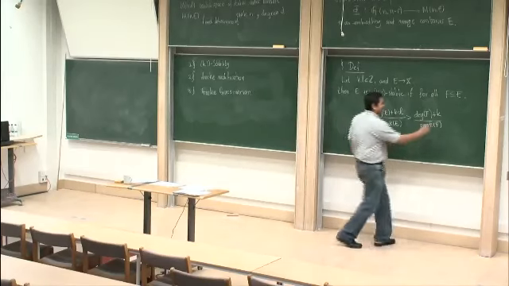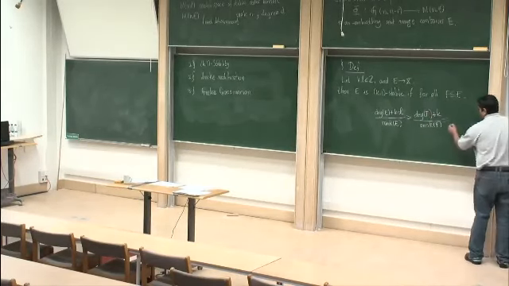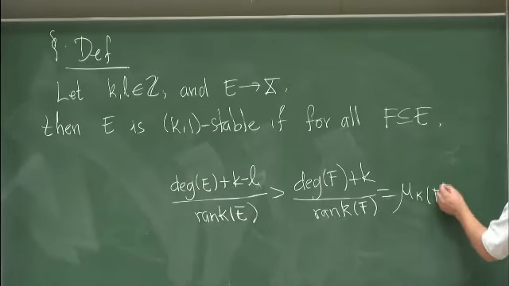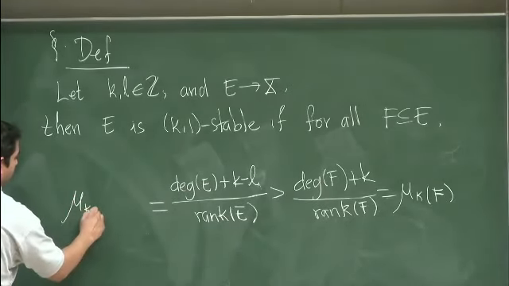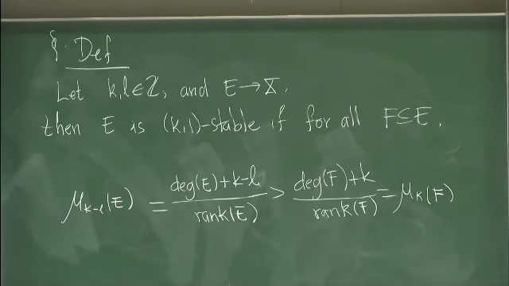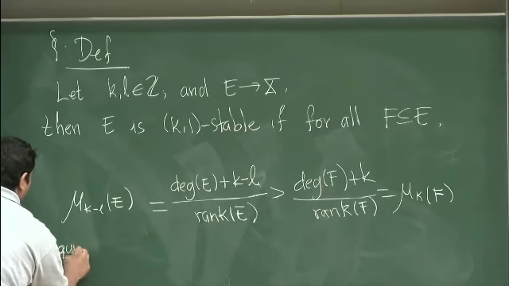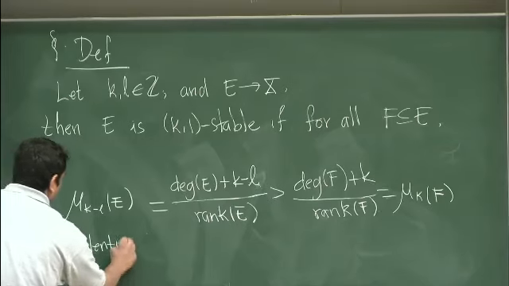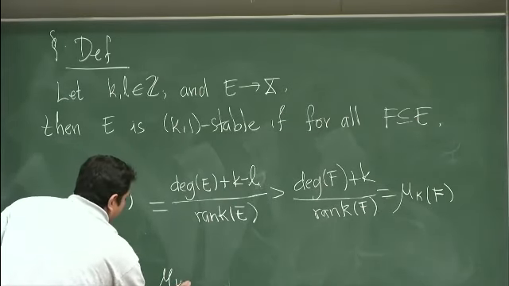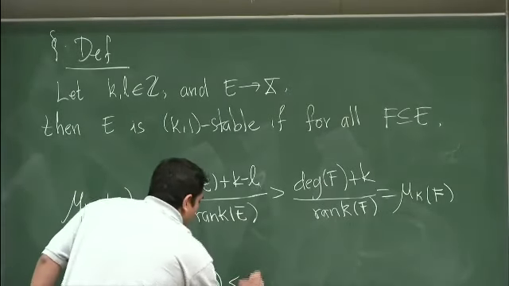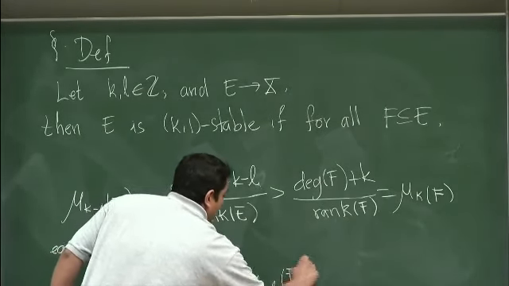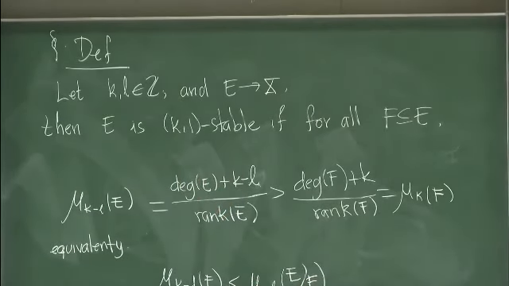I'm sorry for that. Then in this quotient, I'm going to denote by μ_k(F) the number, when k is a number, that in this case is (deg F + k)/rank F. And this inequality is equivalent to having that μ_k(E) is less than μ_{k-l}(E/F) of the quotient E over F. It's the same thing.